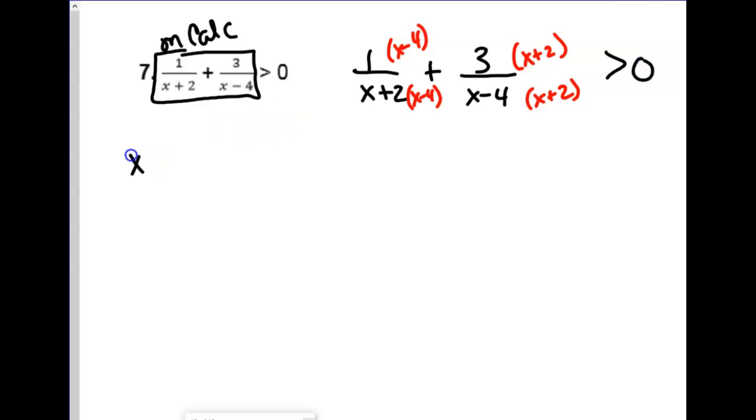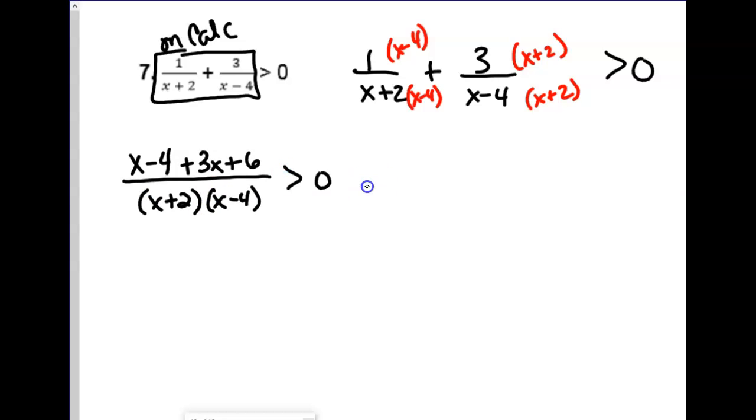What do we have here? Leave your denominators always in factored form because you want to be able to see the vertical asymptotes in a minute. Let's see, 4x plus 2.